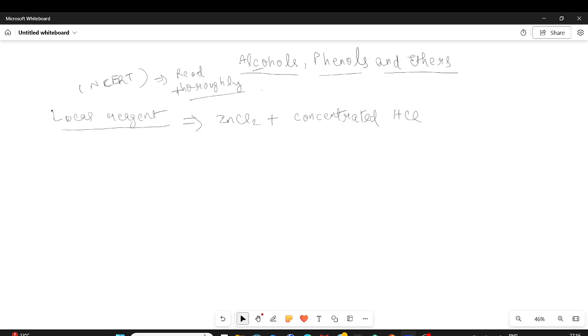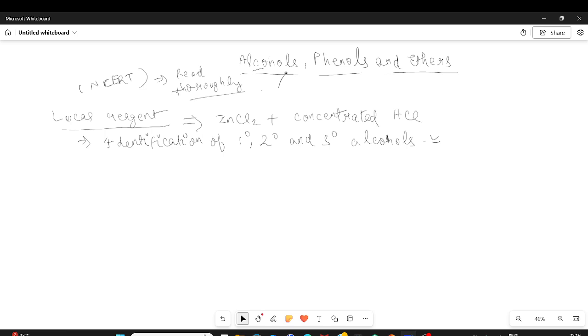So zinc chloride in concentrated hydrochloric acid, right? It is basically used for identification of 1 degree, that is primary, 2 degree, and 3 degree alcohols.